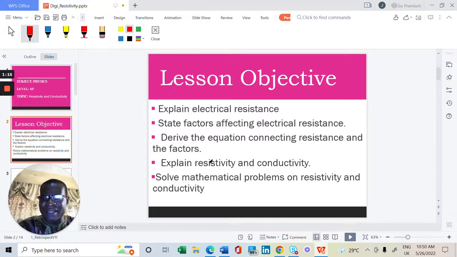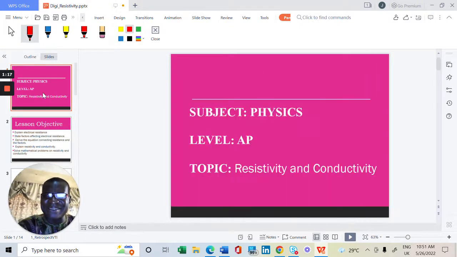Before I go ahead, resistivity is a word that is coined out from resistance. It is an English word, resistance, to be able to resist.